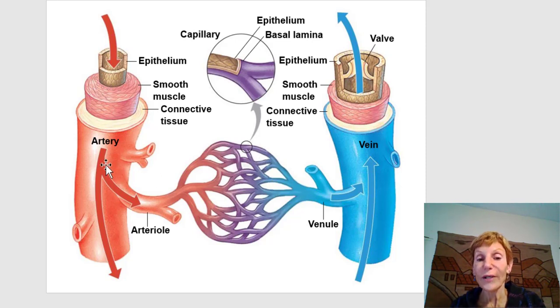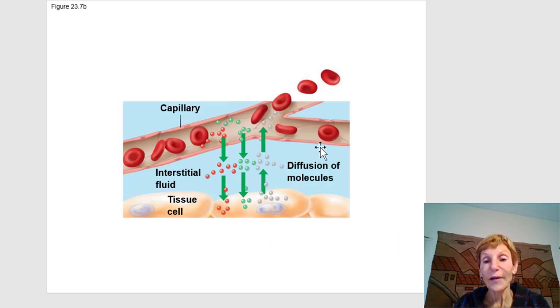You get no exchange from the blood vessels to the tissues in the arteries or the veins or the arterioles or the venules. They're too thick. Okay, you can't diffuse across those walls. But once you get to the capillaries, they are only one cell layer thick, and things can diffuse right across them. Okay, and so here's a picture of a capillary.